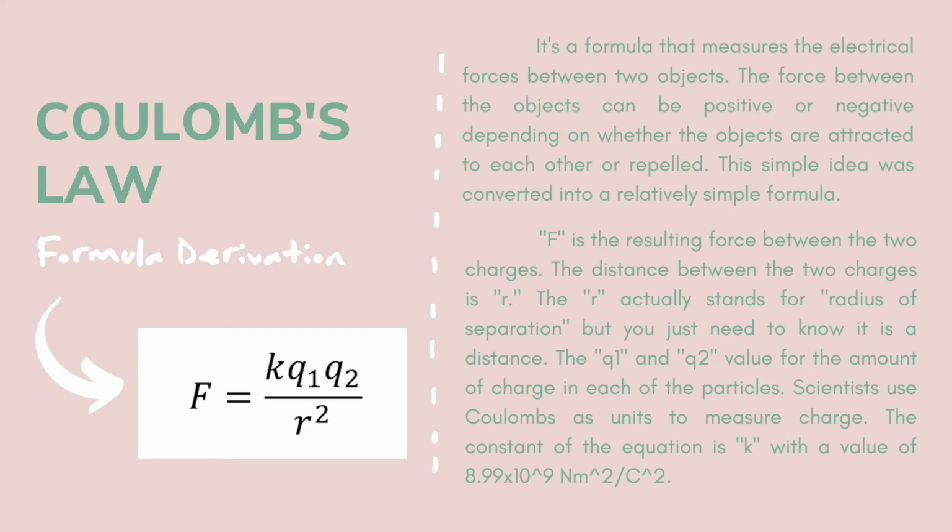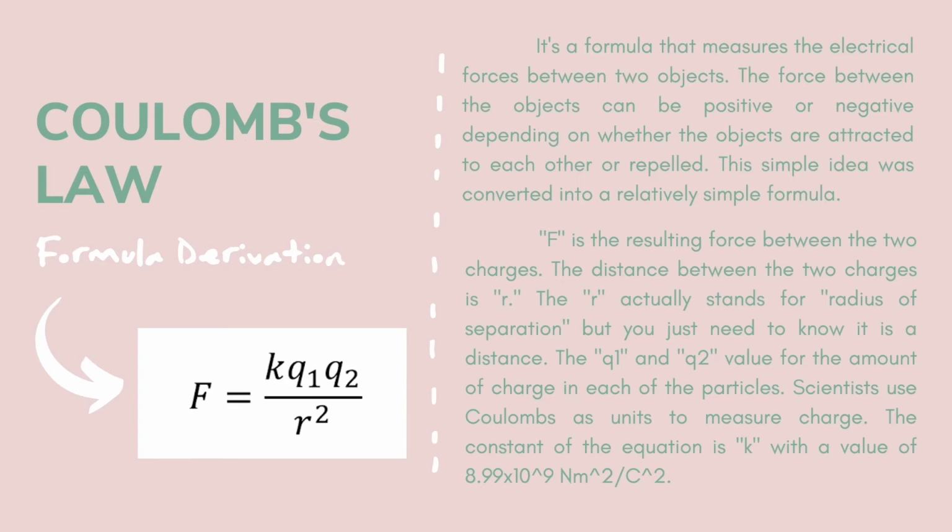So F is the resulting force between the two charges, which are Q1 and Q2, and the distance between the two charges is R, also known as the radius of separation, but all we need to know is it is the distance.